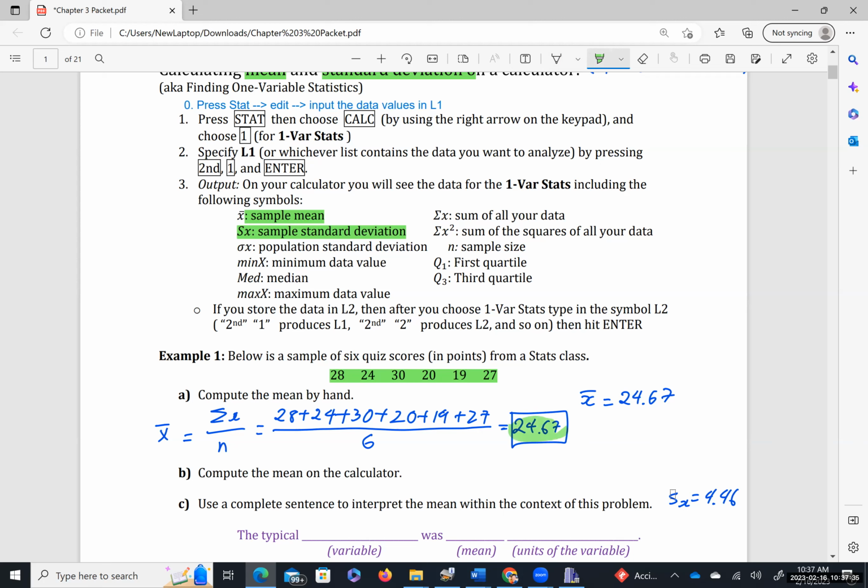And I just showed you by calculator, so it should be 24.67.